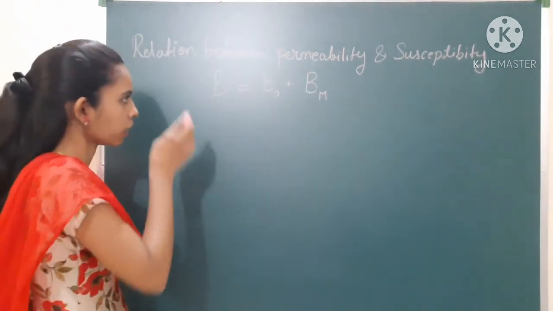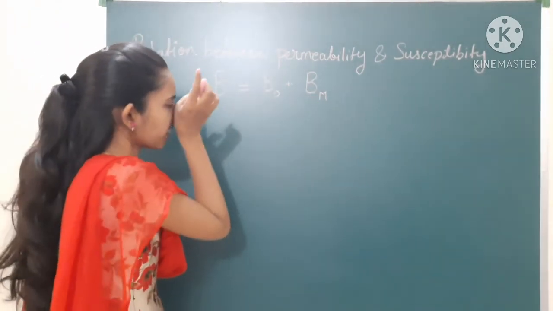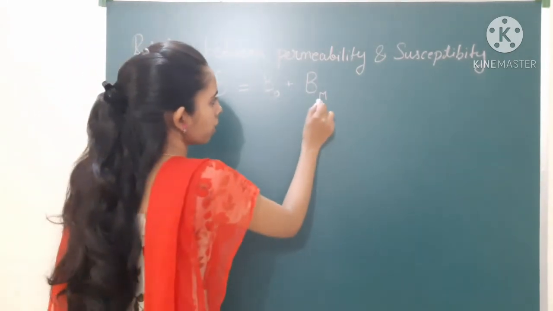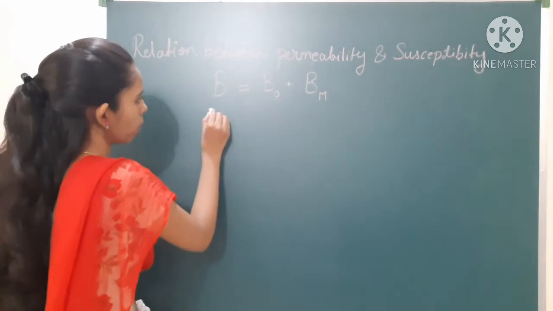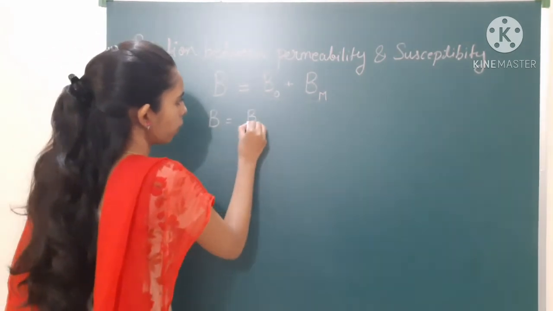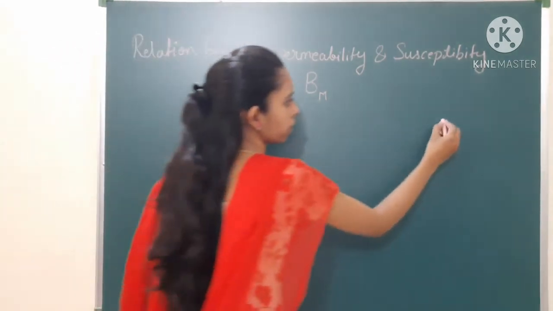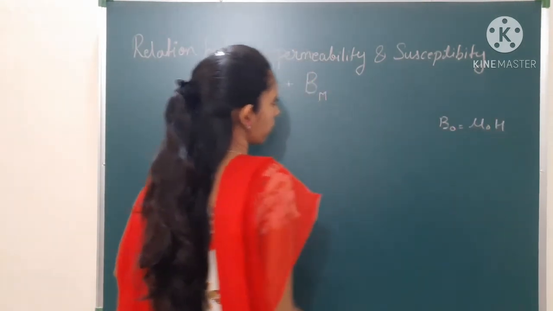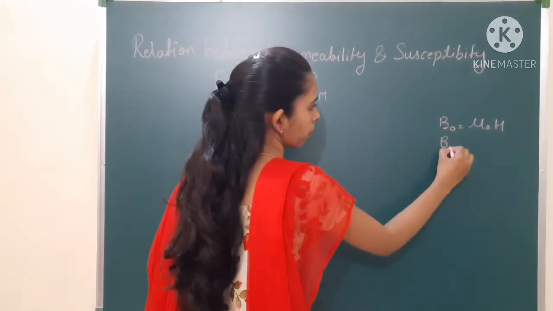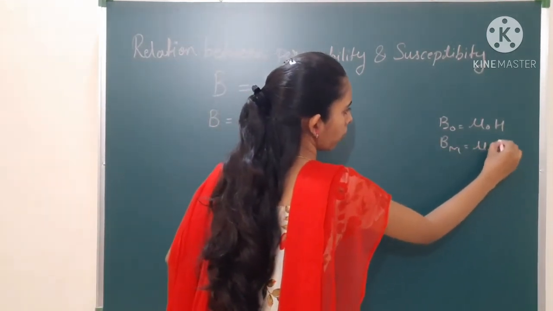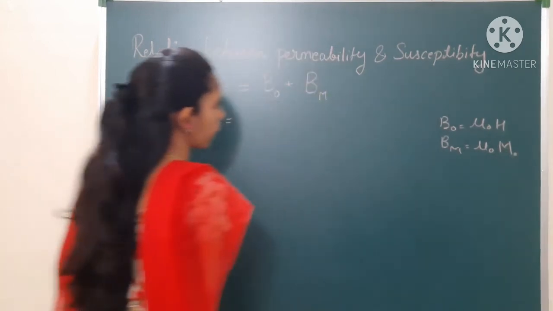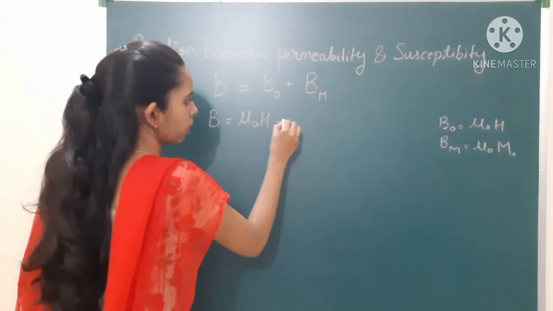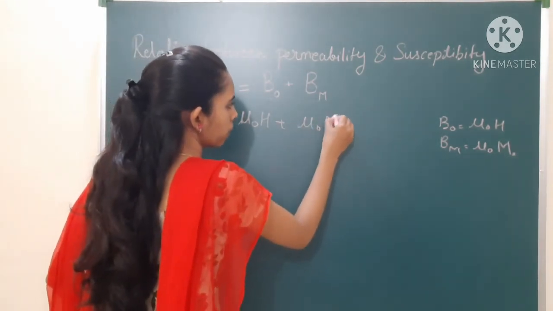Now we have the value of B naught, which we have seen is mu naught H. And this Bm is mu naught Mz. So B is equal to mu naught H plus mu naught Mz.